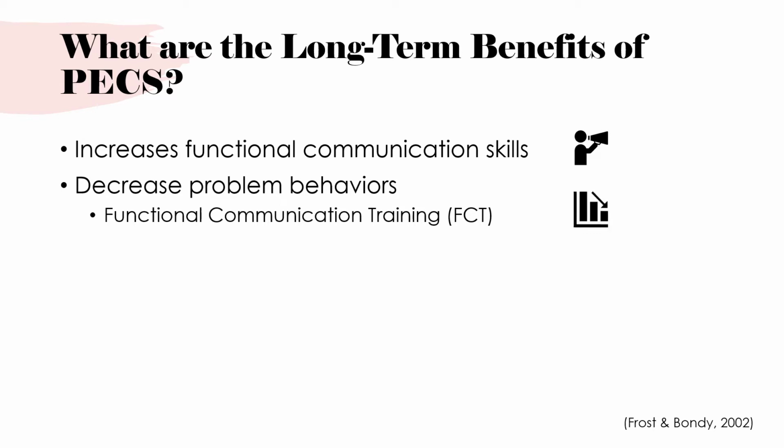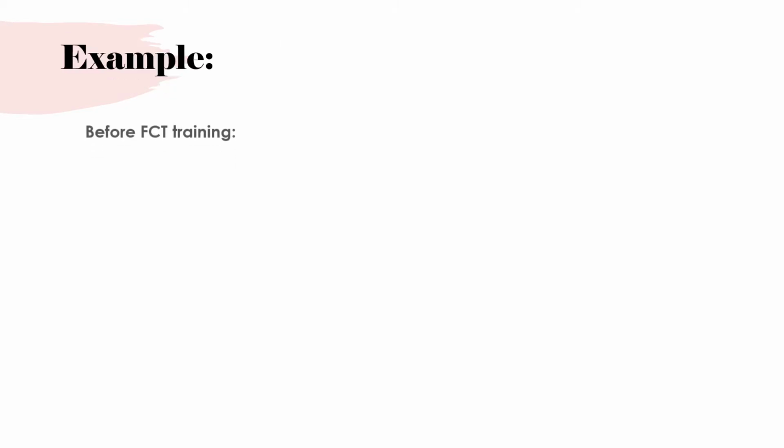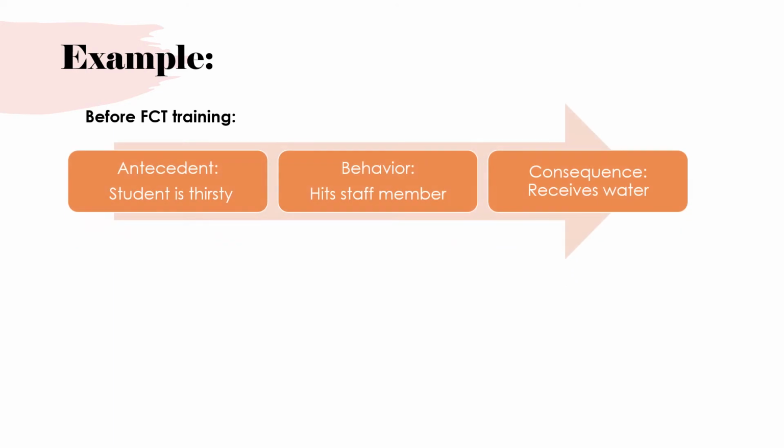Let's think about functional communication training. Before functional communication training is implemented, the antecedent is that the student is thirsty, the behavior is that the student hits the staff member, and the consequence is that the student receives the water.